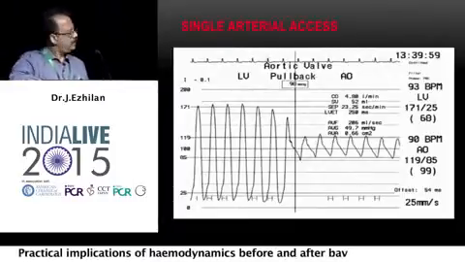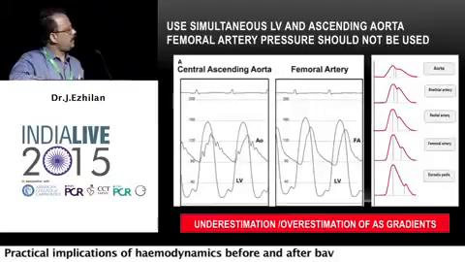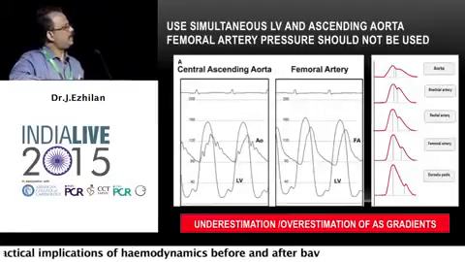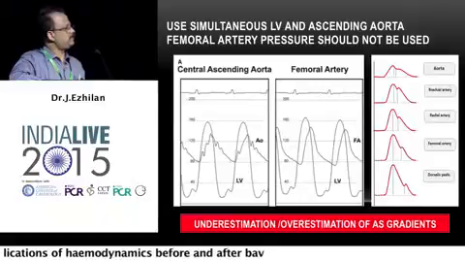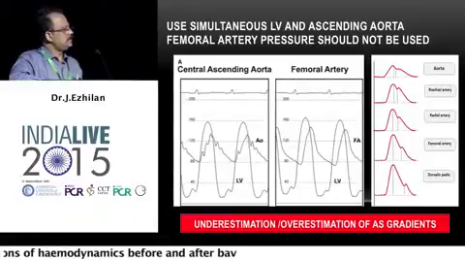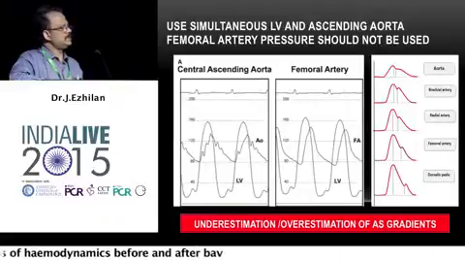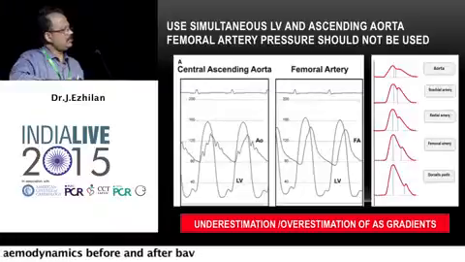And never use simultaneous aorta and femoral artery pressure, because as you can see, the femoral artery, the distal pressure as you go, is wider, the pulse pressure is wider, and so you will falsely underestimate the aortic stenosis. Similarly, if you have stenosis in the iliacs, then the amplitude will be smaller, and you can overestimate the gradient.